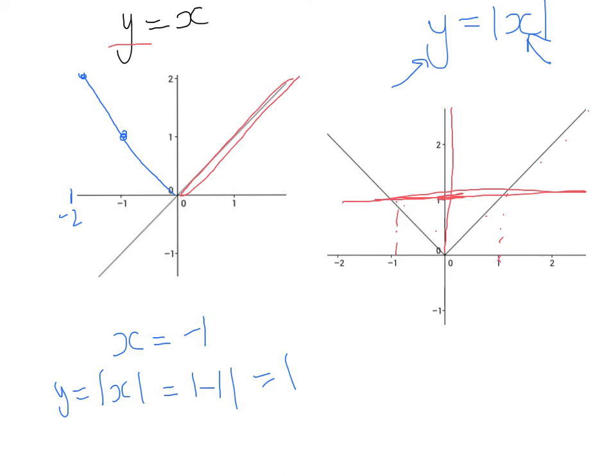In general, to transform from the graph y equals x to the graph y equals the modulus of x, you have to look at the negative part here and bring it up. Each bit goes up and you're basically reflecting it here.